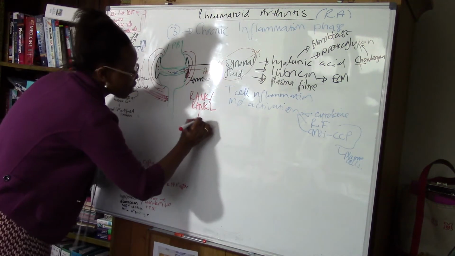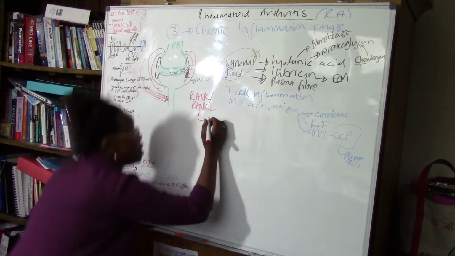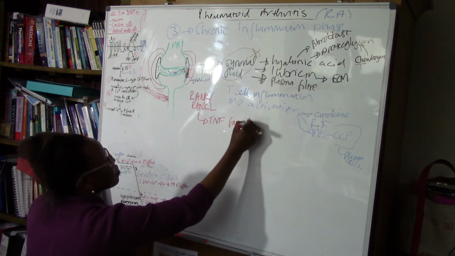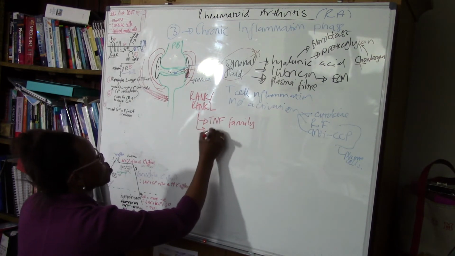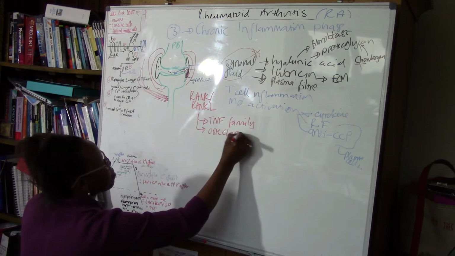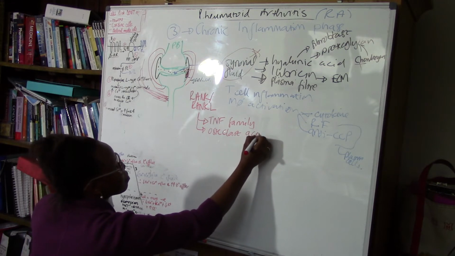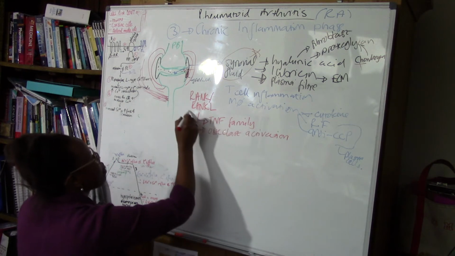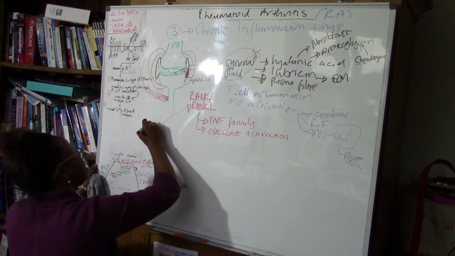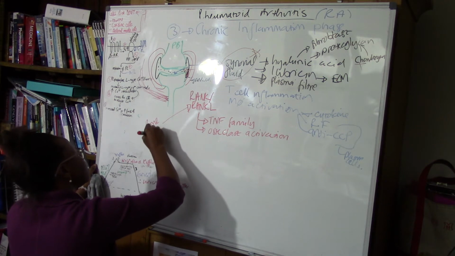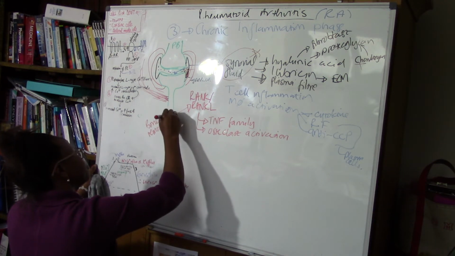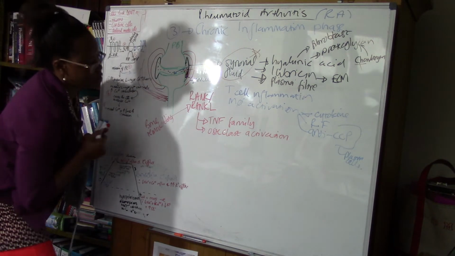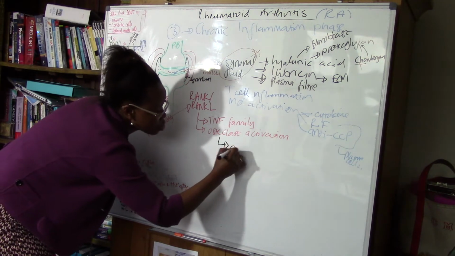And what RANK and RANK ligand are, they are members of the TNF family, and they activate osteoclasts, because really their main function is bone remodeling. And osteoclast activation, obviously we know that osteoclasts destroy bone.